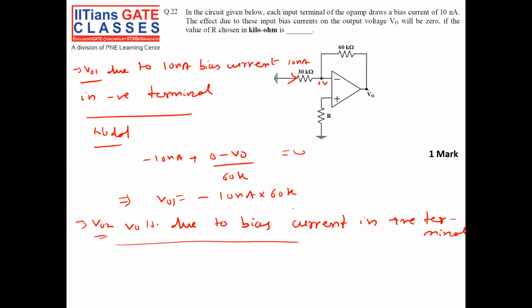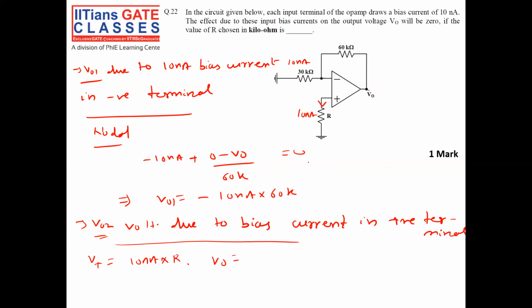Okay, how will it be? So you see, now the current is there here, 10 nanoampere, right? So what is the voltage V positive? V positive is equal to 10 nanoampere into R. What is V0?